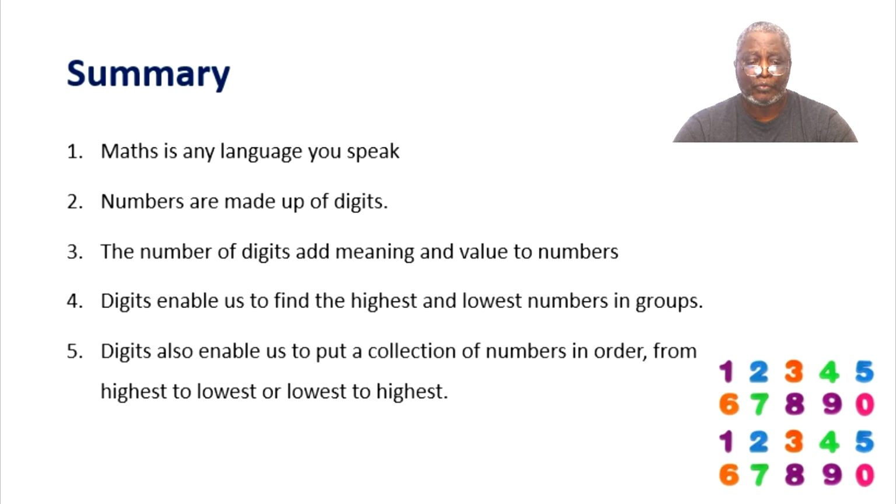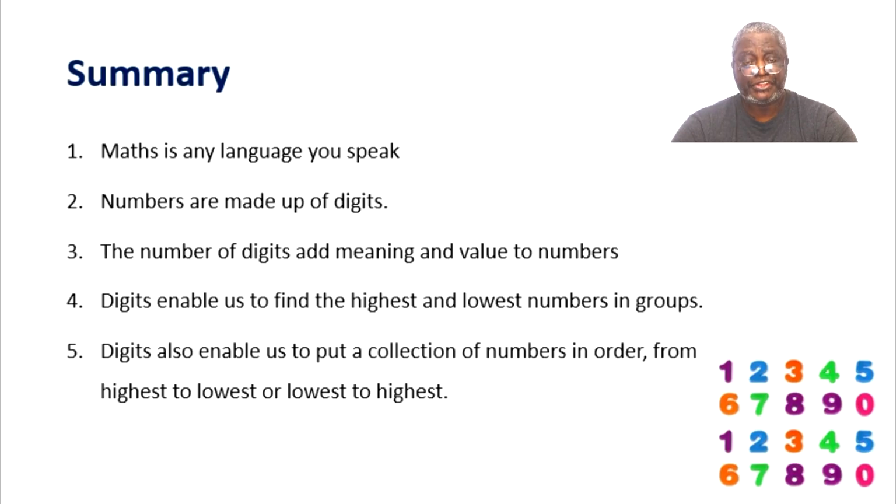But before we go, I will always be summarizing what we've learned or what I've taught you. And what I'd expect from you is to make a list of what you've learned from the lesson so that we can compare and you will get more out of the lesson. So, in this lesson, we've learned that maths is in any language you speak.